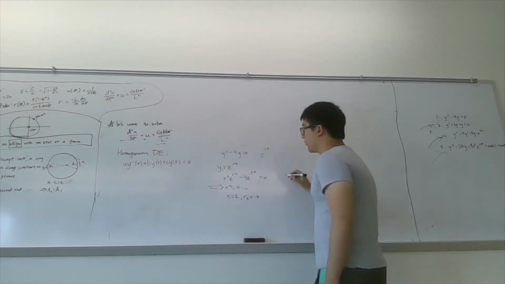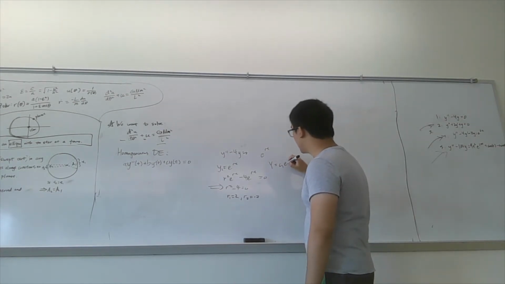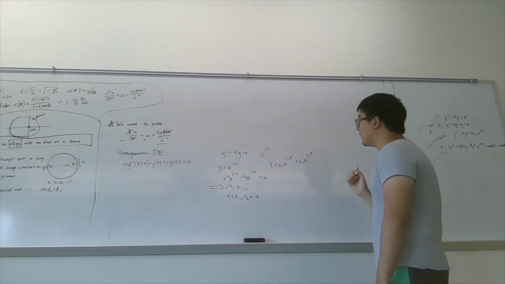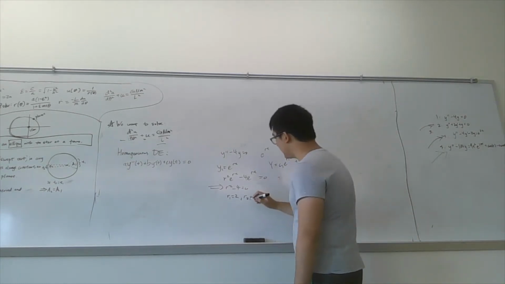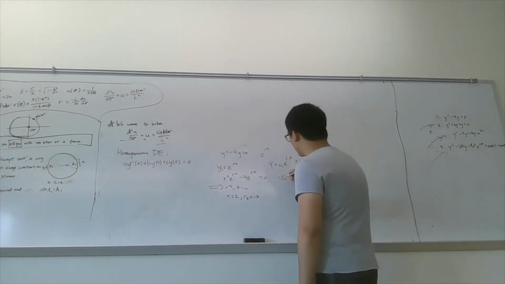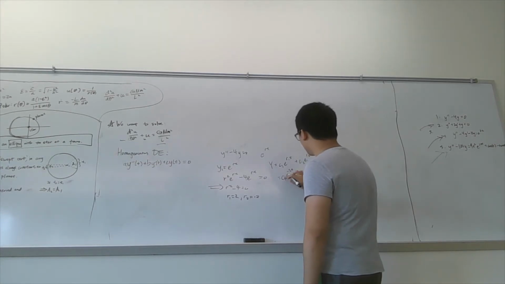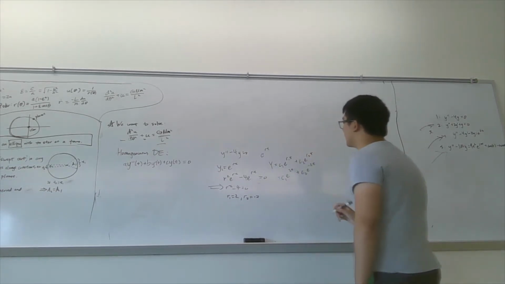So therefore our general solution to this differential equation will be some linear combination of these two exponential functions, which would be e to the negative 2t and e to the 2t.